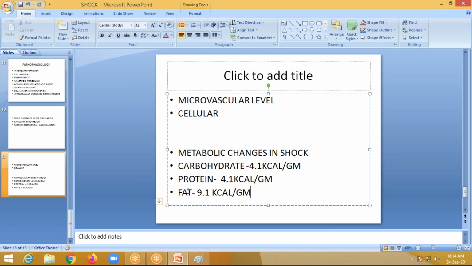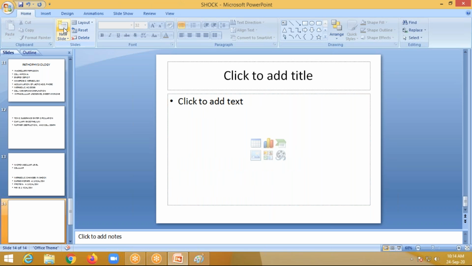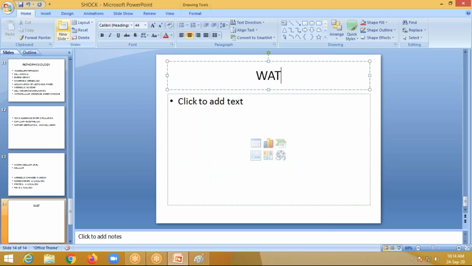Then fat also has increased endogenous fat metabolism, with a rise of fatty acids in blood. These fatty acids will again release energy. So these are some metabolic changes, and some water and electrolyte disturbances will also occur.